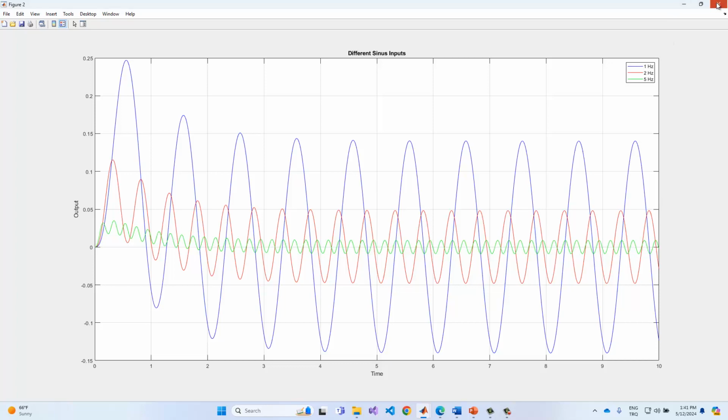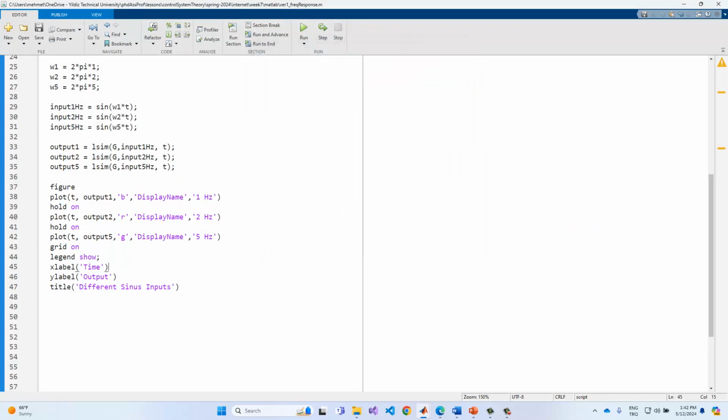Okay, this is our problem, guys. In the next session, we need to talk about how we can analyze the different frequency in terms of the magnitude and the phase response in the frequency response analysis. Okay.